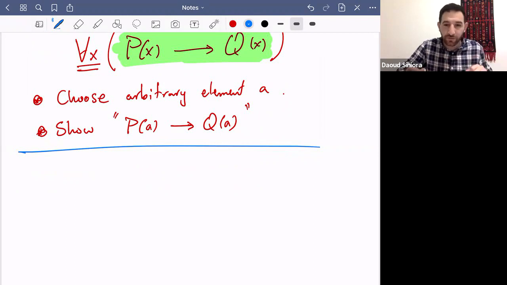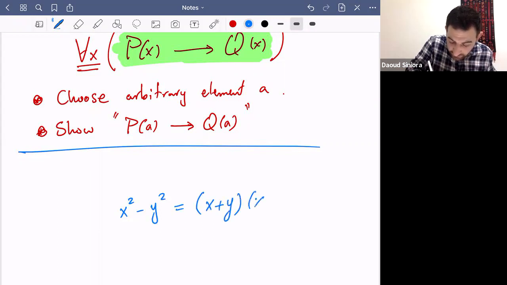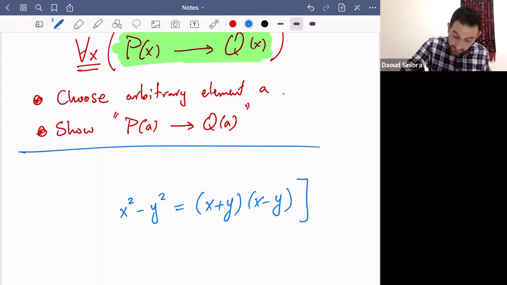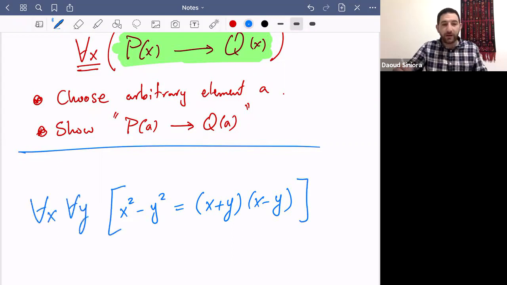So for example, you are familiar with the factorization of the difference between two squares. We write, when x and y are variables from the real numbers, that x squared minus y squared is equal to x plus y times x minus y. So we know this statement, but what we actually mean is that for every x, for every y, the difference between the squares of x and y is equal to their sum times their difference.